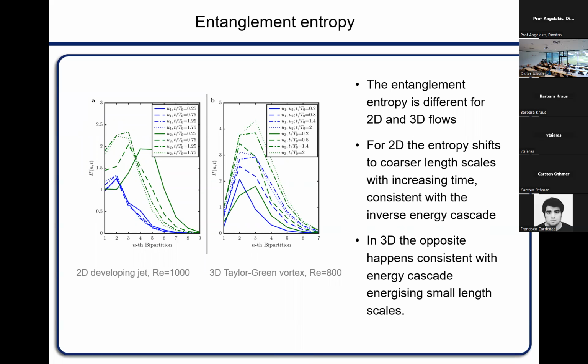What we see is this so-called entanglement entropy, which takes the Schmidt numbers that we had before into one single number that basically quantifies how much entanglement there is between 2 bipartitions of a system. And instead of having a whole set of numbers, we take the entropy of that set of numbers, and that quantifies how much entanglement there is.